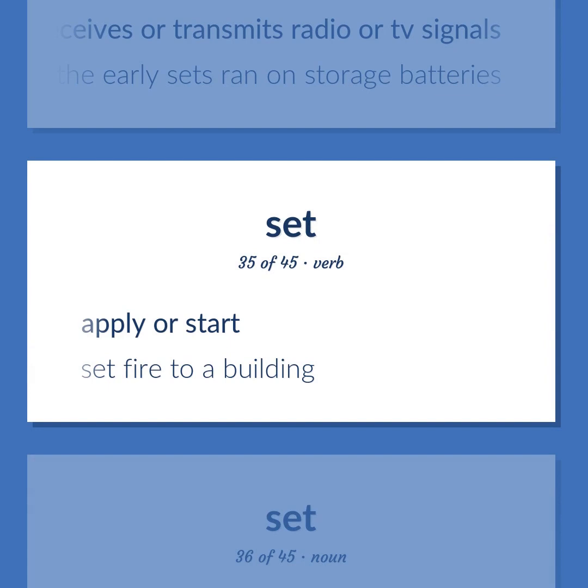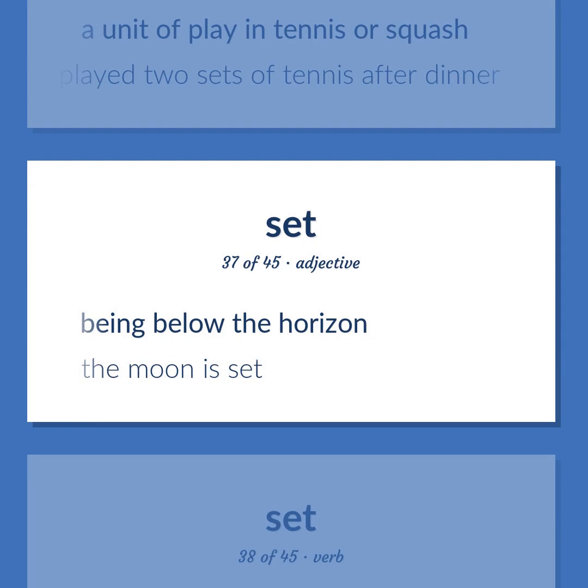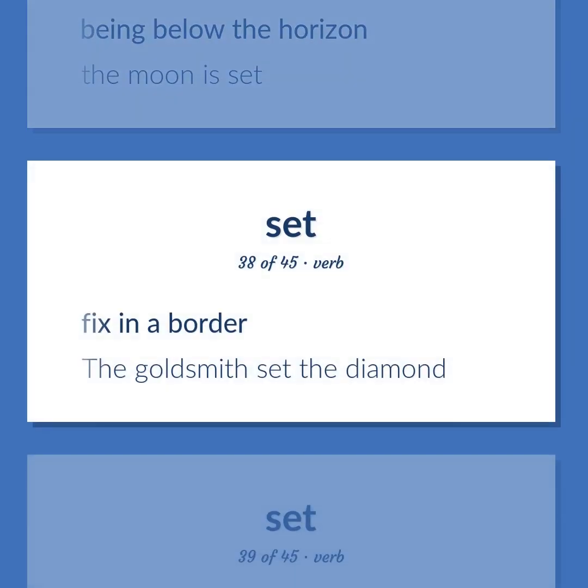Set fire to a building. A unit of play in tennis or squash. They played 2 sets of tennis after dinner. Being below the horizon. The moon is set. Fix in a border. The goldsmith set the diamond.